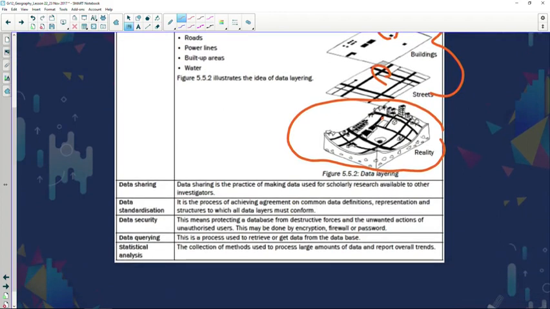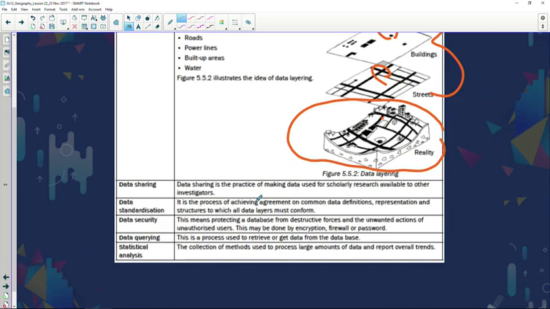Data sharing is the practice of making data available for each other, so we can share data. The police can share the crime statistics with McDonald's to maybe increase their security around them, or with the local community. Then data standardization is achieving agreement on common data definitions.